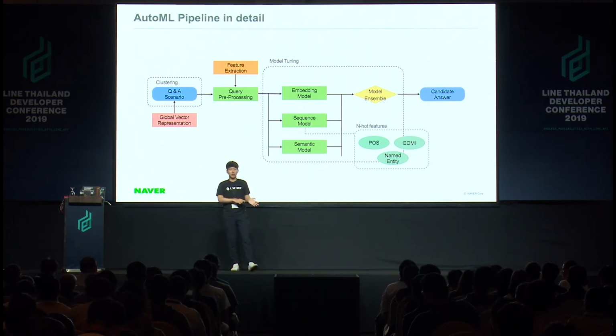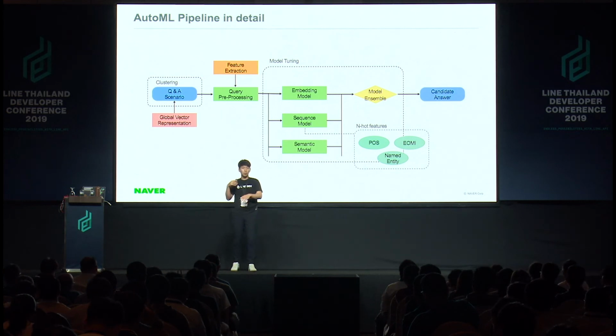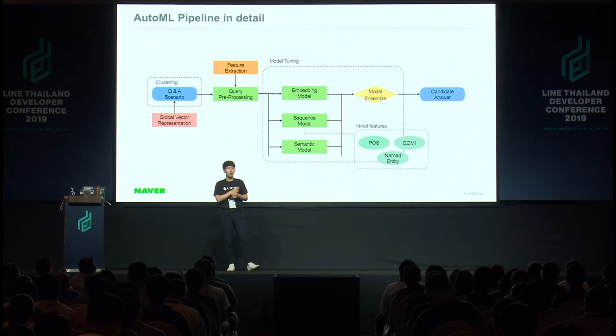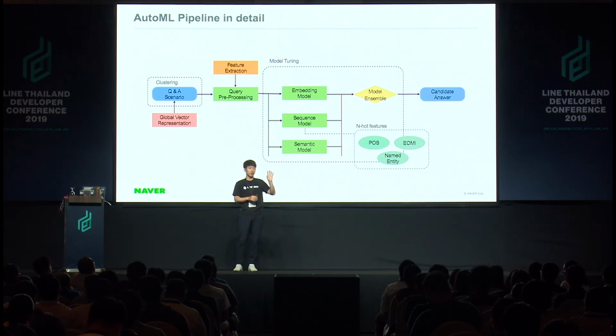After the clustering has been done, we tune our models. Once all those models are tuned, we find the best optimized ensemble weights, to determine which model works best in this scenario and which one should have low ensemble weights.